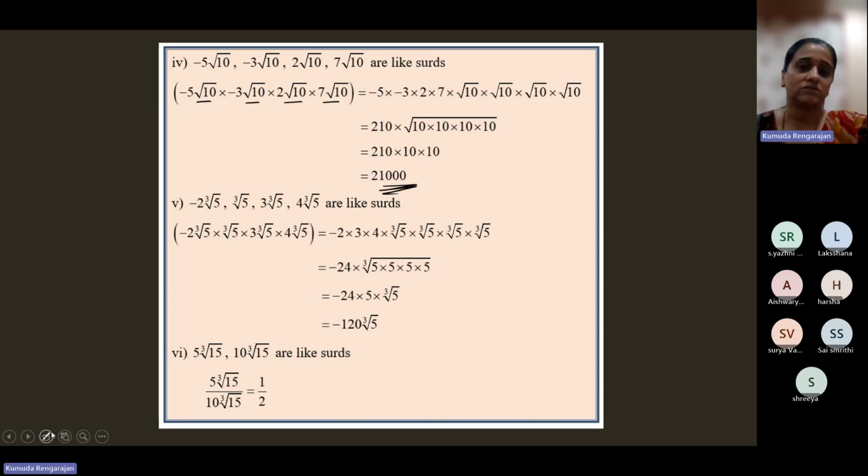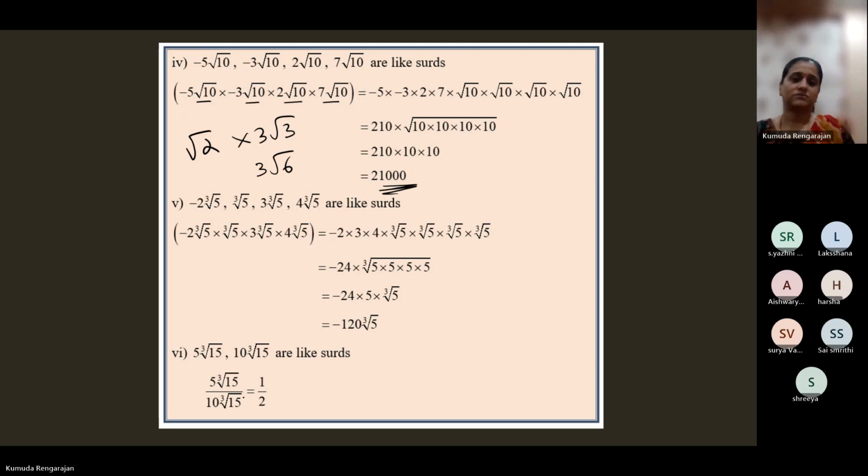The product is rational. The product of two irrationals may be irrational also. Like root 2 is irrational and 3 root 3 is irrational. Now the product 3 root 6 is also irrational.